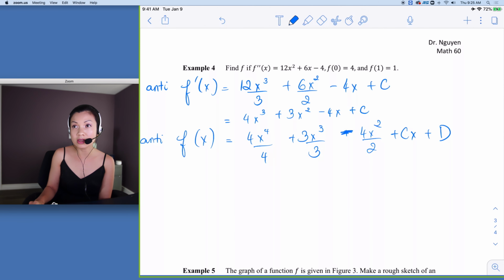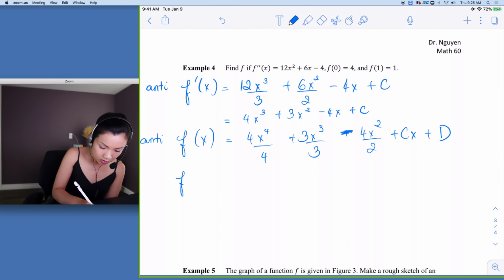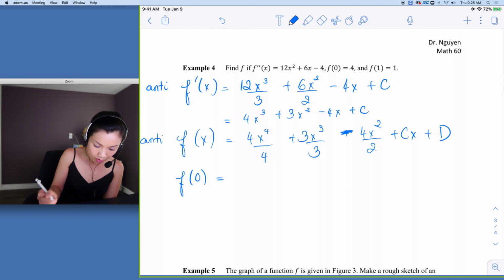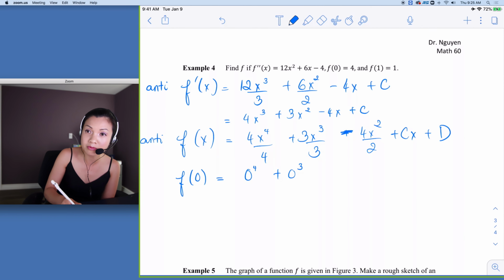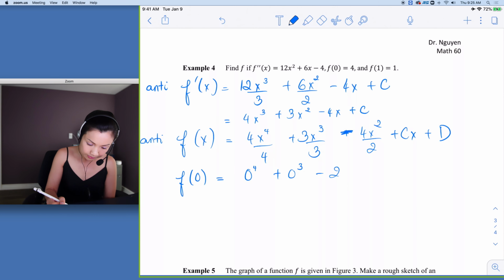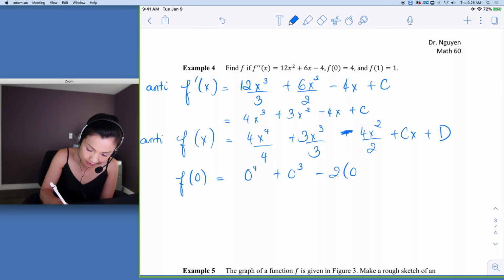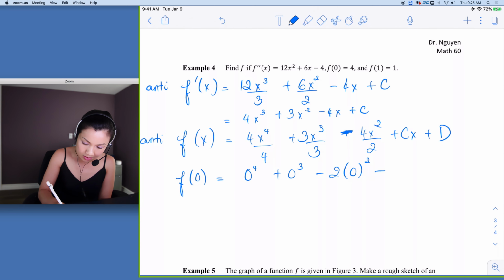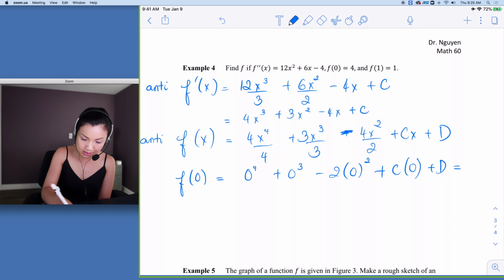Now I'm going to use the fact that f of 0 equals 4. So f of 0, we plug it in, right? So that's just x to the 4th. So it's going to be 0 to the 4th plus 0 cubed minus, I'm sorry, minus 2 times 0 squared plus c times 0 plus d, and everything is going to add up to equal 4.